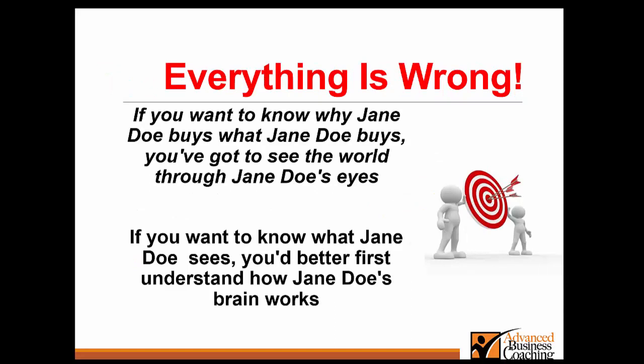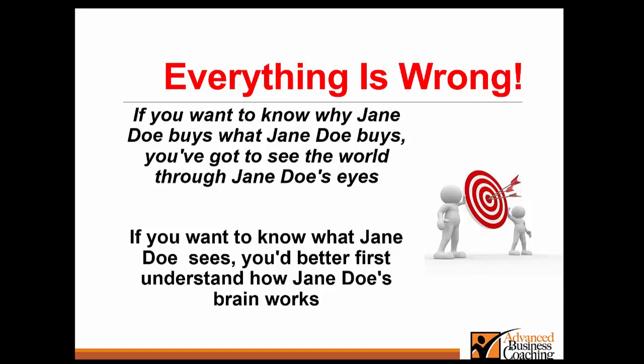If you want to know what Jane Doe sees, you'd first better understand how her brain works, how it processes information, and how it makes decisions. To understand this process, there are three major concepts that I need to teach you. Three concepts that no one else in the marketing world seems to understand.